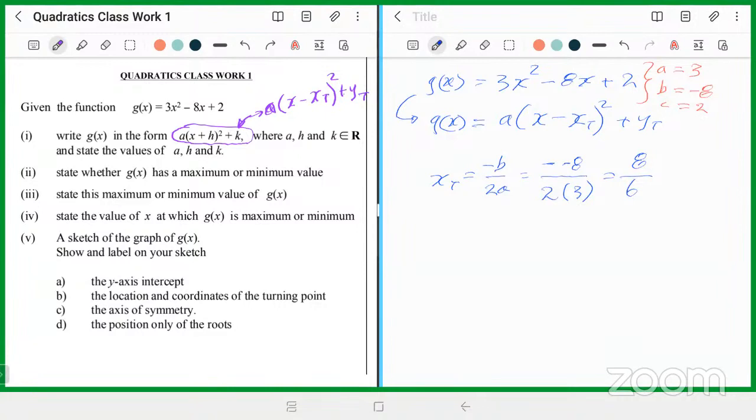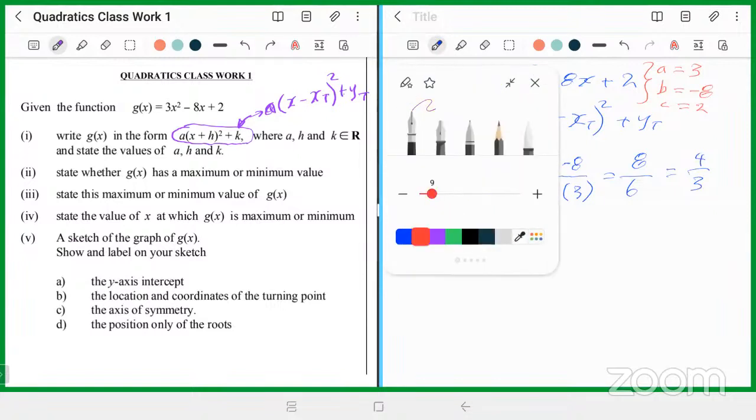At CSEC level, you're always expected to simplify your expressions to lowest terms. This can be simplified because we can divide this by 2, and we also can divide this by 2. If we divide this by 2, it becomes 4, and if we divide this by 2, it becomes 3. So xt is equal to 4/3.